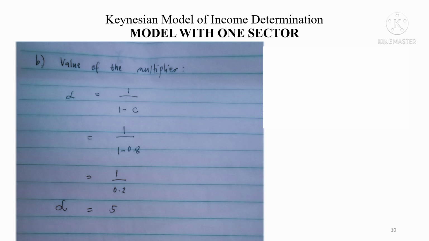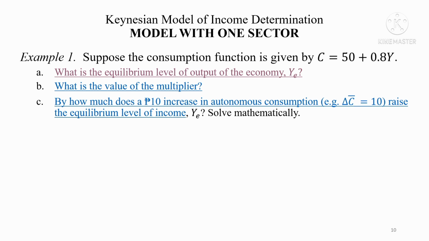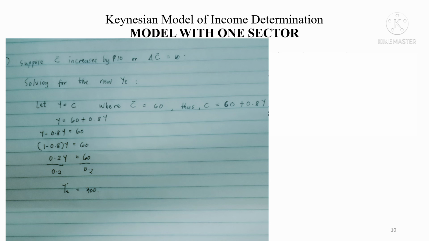Letter C: by how much does a 10 peso increase in autonomous consumption raise the equilibrium level of income? In letter C, it says that autonomous consumption, or C bar, increased by 10 pesos. So from our consumption function, 50 plus 10, the autonomous consumption is now 60 pesos.